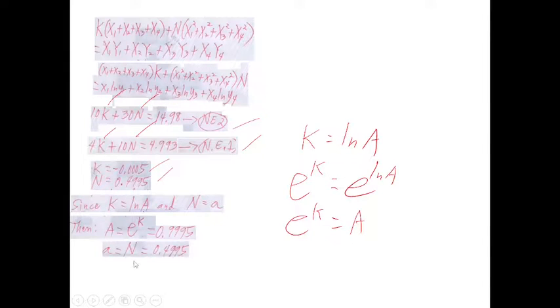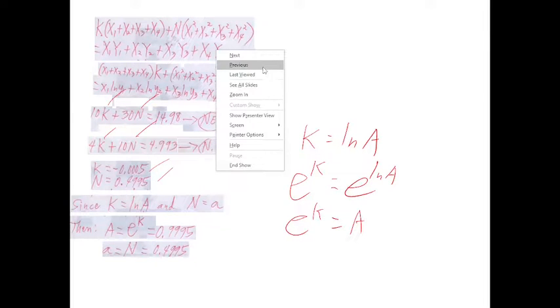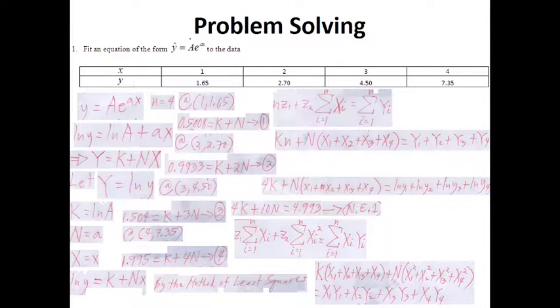So if n equals a, then a is simply 0.4995. No? What was being asked in the previous slide? What was it asking? This. It asks you to find y hat equals a e to the power of ax. So we need to find the parameter a lowercase and the parameter A uppercase. Okay? So it just changed, so don't be confused. It's the same as a e to the power of bx. Only the arrangement of the parameters is different. The approach is the same.